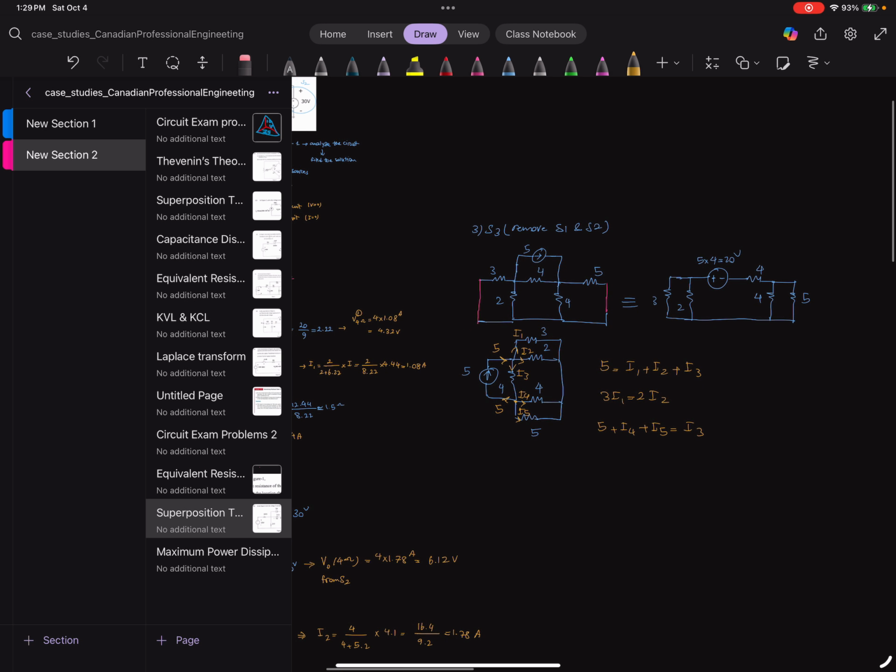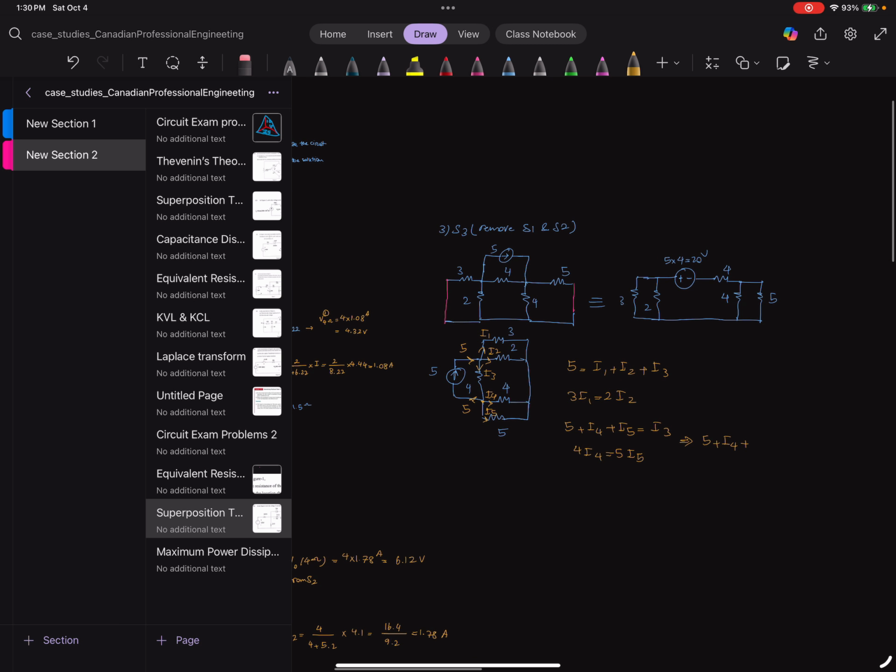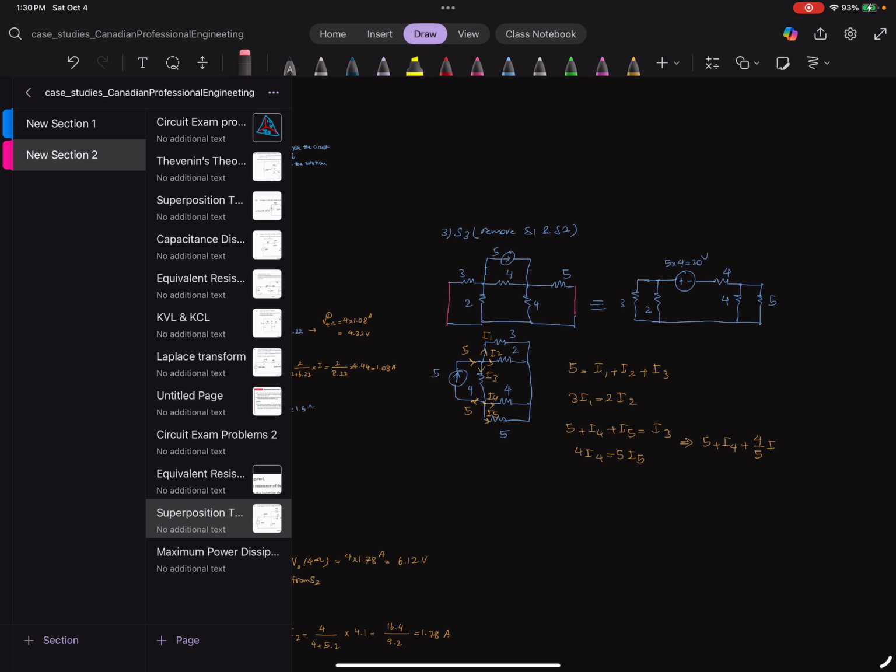And then again, we have 4I4 is equal to 5I5, so we can say 5 plus I4 plus 4 out of 5 I4, sorry. I4 is equal to I3.